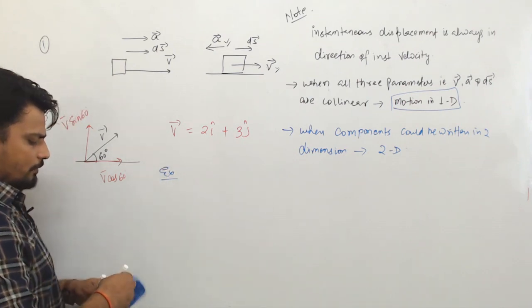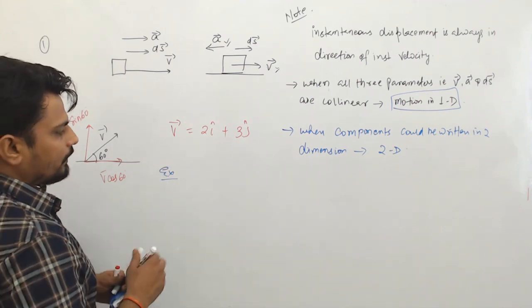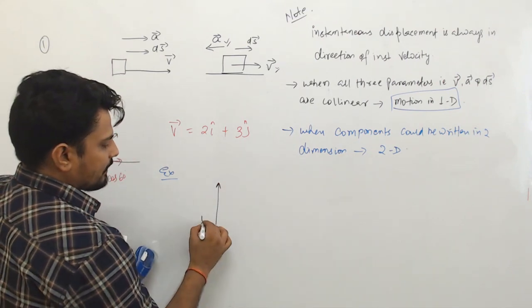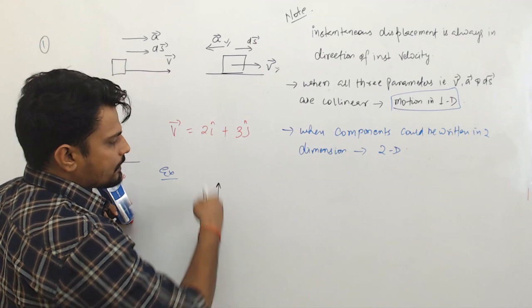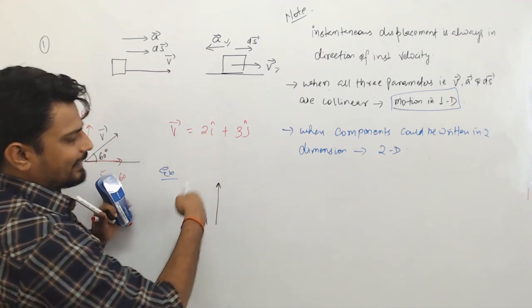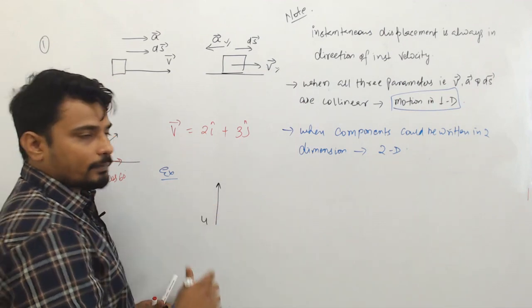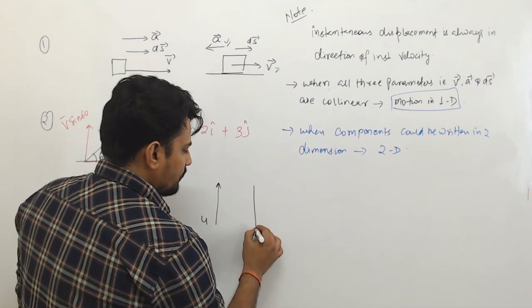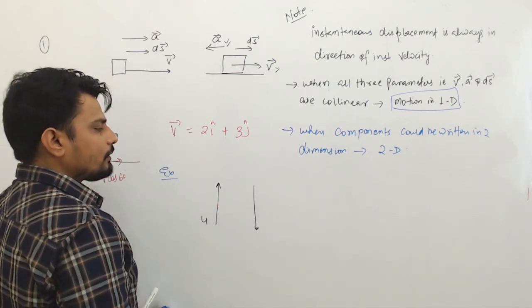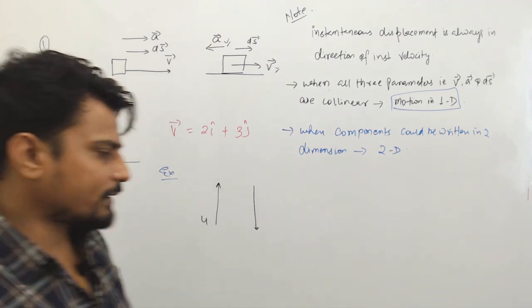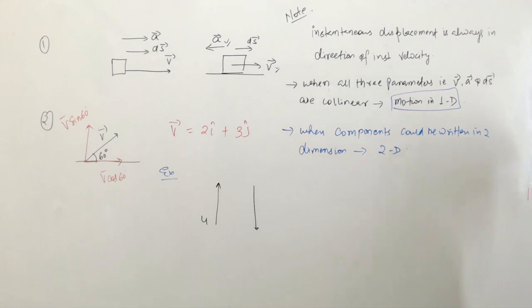Even if you throw the object upward, vertically up, with certain velocity, let's suppose u, it's moving only in the y direction, right? It has no components in any other dimension. This is also the motion in 1D. If any object is falling, then also its motion is going to be in 1 dimension. We will discuss this also.